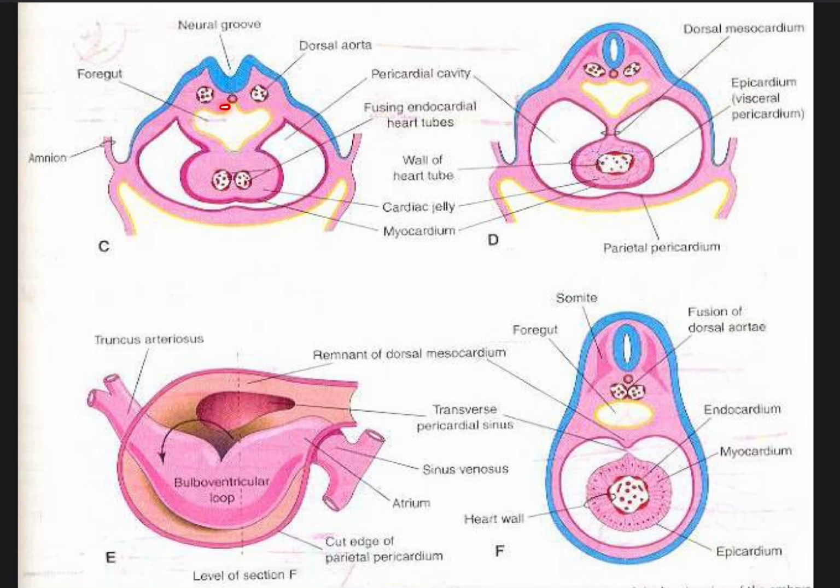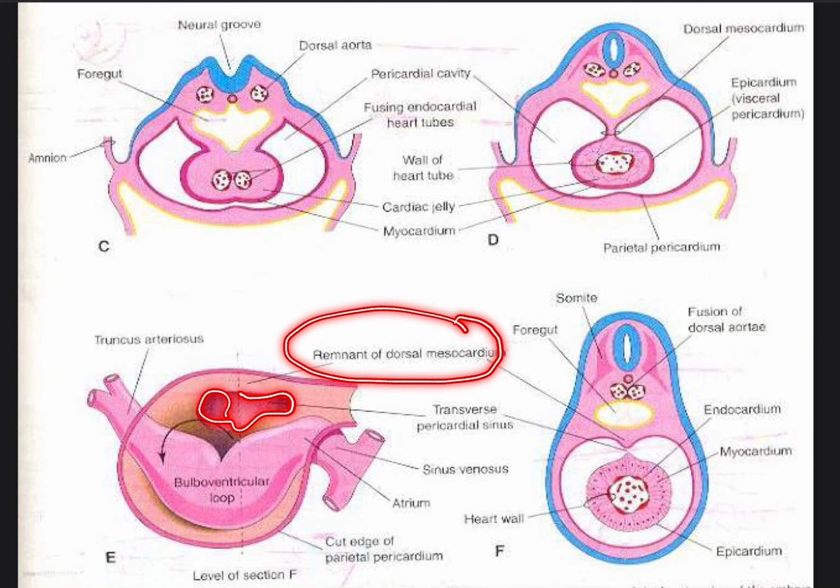Okay friends, again the lateral folding is showing. Purpose of this lateral folding is this, so that you can make a clear picture that this foregut is posterior to the heart tube and initially connected via this dorsal mesocardium, and after degeneration of this dorsal mesocardium, it will form remnant of dorsal mesocardium, or transverse pericardial sinus.